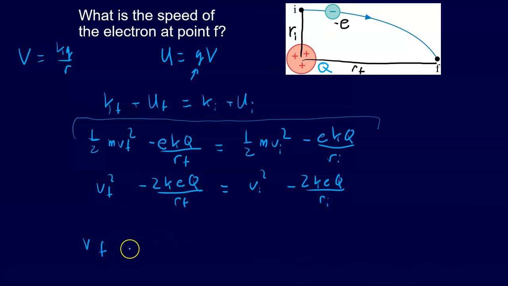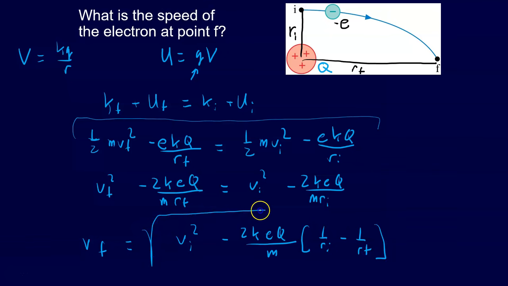And then what you can do is just isolate the v_f and get something along these lines. So if I bring this one over, I'll get a 2k eQ over m. I forgot the factors of m here, pardon me. Again, we were dividing by m and multiplying by 2 throughout the whole system. And then it would look like this here. And then, of course, the square root of this.